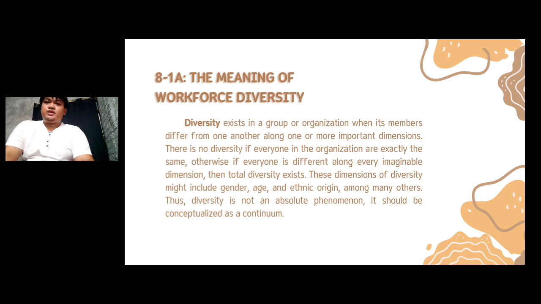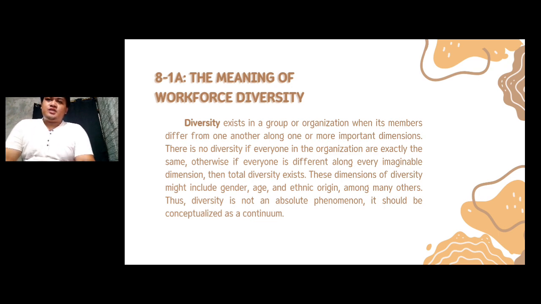Otherwise, if everyone is different from each other along every imaginable dimension, like gender, age, and other dimensions that we will tackle, it means there is total diversity existing in the group. So these dimensions of diversity might include gender, age, ethnic origin, and others.